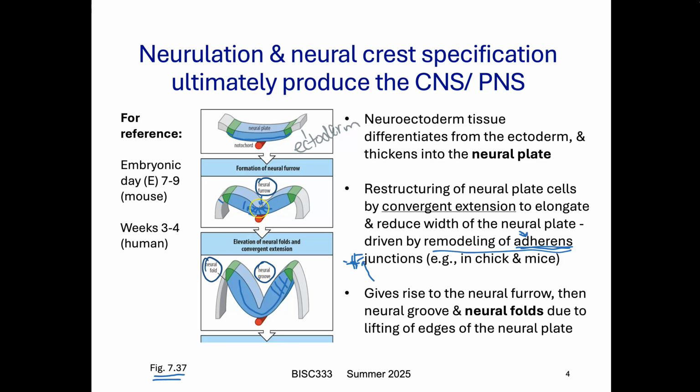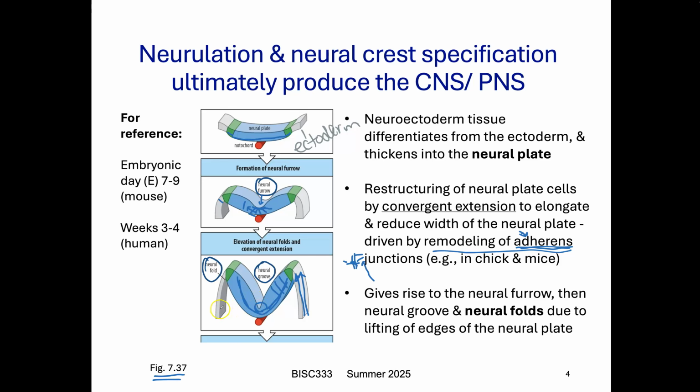So we get this shape change that generates this neural groove, and then the neural folds are these regions here, and they are based on continued growth of the epidermal cells. This shape change that occurs right in the neural groove alters the shape of the structure, and then there's some outgrowth and extension of the neural plate itself.